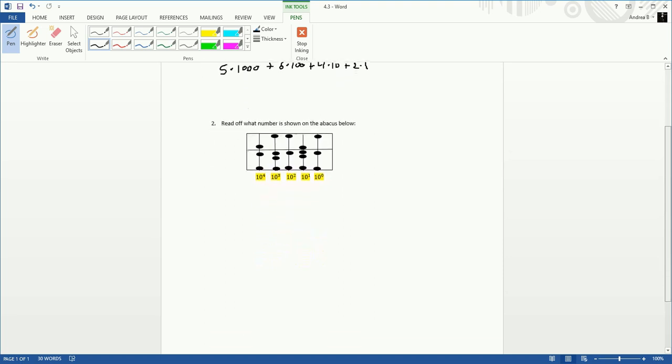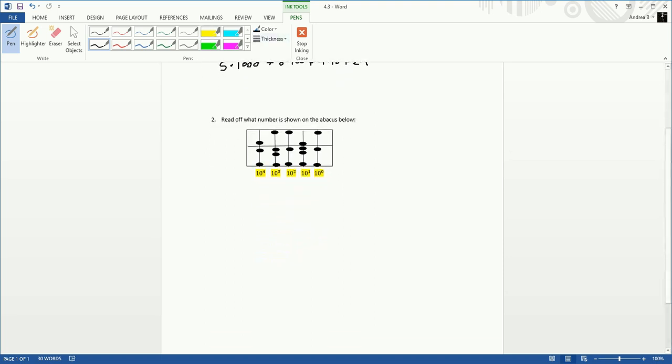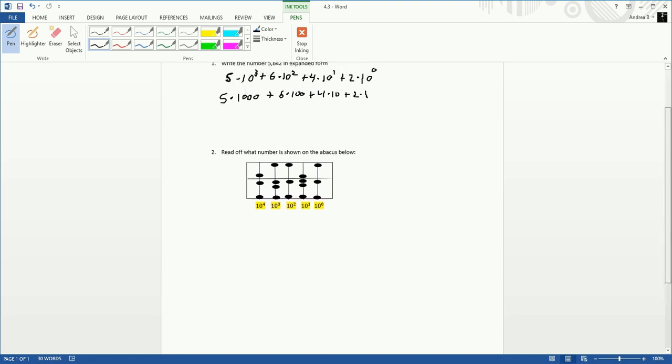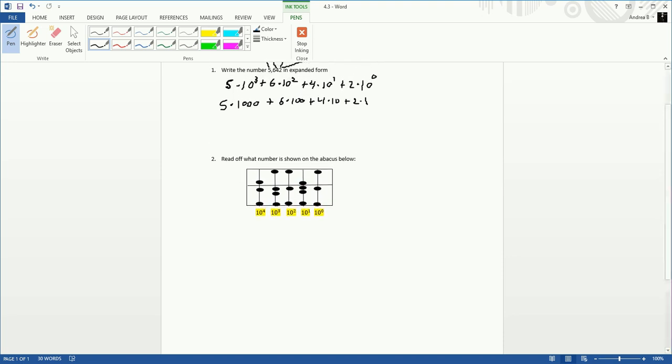Number 2 sometimes is a little bit trickier for students to understand. Here we're reading off of an abacus. Normally it's just because you're not used to this type of thing, but it's similar to what we had when we were writing out these powers of 10 up above in number 1, where we have these different exponents.